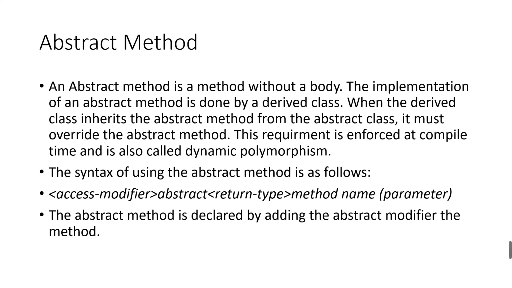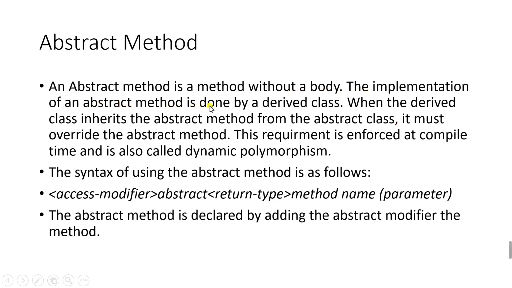Now the question comes, what are abstract methods? In abstract classes we generally define abstract methods. An abstract method is a method without a body. The implementation of an abstract method is done by a derived class.